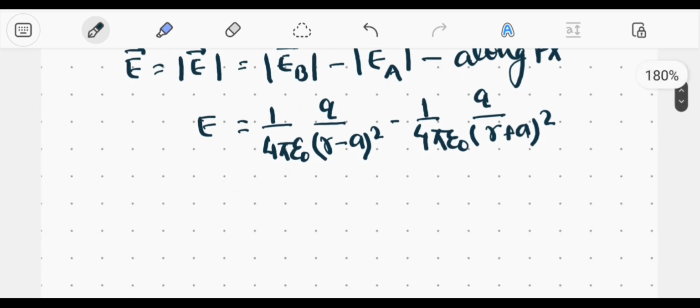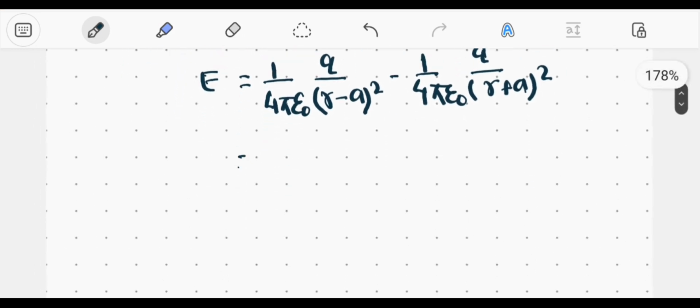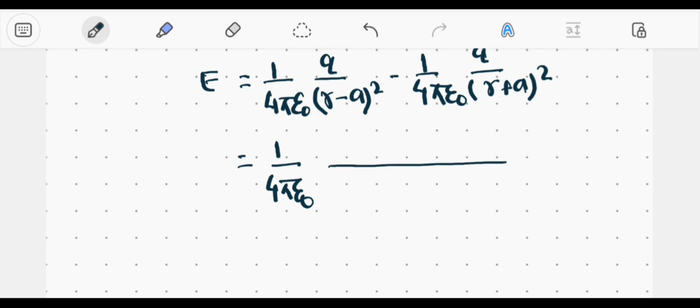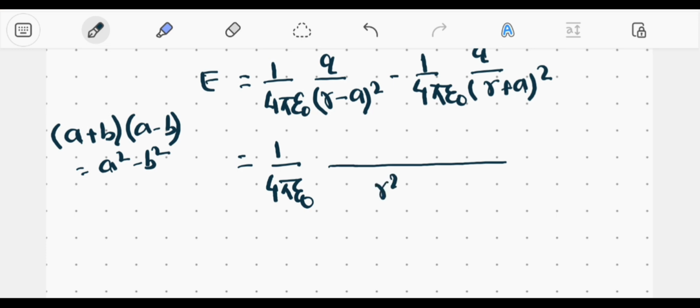Is it clear? Now, if we solve it further, what do we get? This is 1 by 4 pi epsilon naught, common in both. Now if we take the LCM of it, this is (r minus a) into (r plus a). We know the formula (a plus b) into (a minus b) is equal to a square minus b square. So here we will get (r square minus a square), and we have the whole square in both the terms.